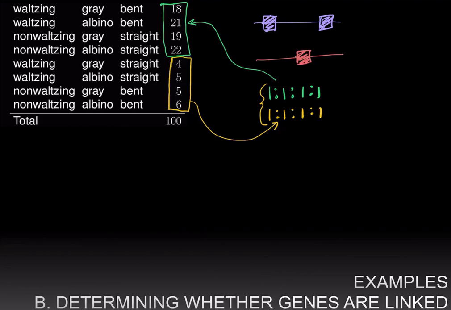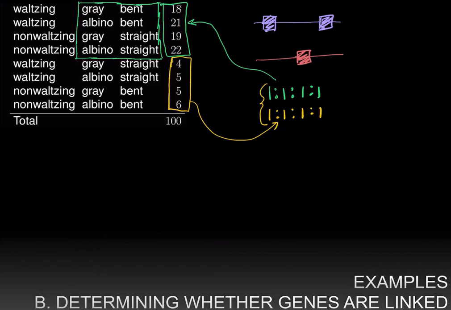Now, if we look at this first group of 1:1:1:1 phenotypes, we see that all the possible phenotypic combinations between gray and albino, G, and bent and straight, B, are present in this 1:1:1:1 ratio, and that suggests to us that these 2 genes are unlinked.